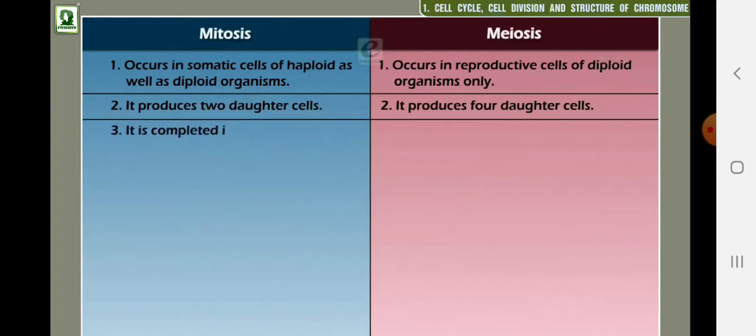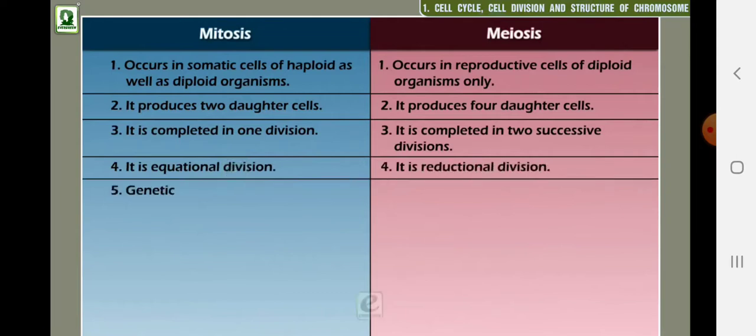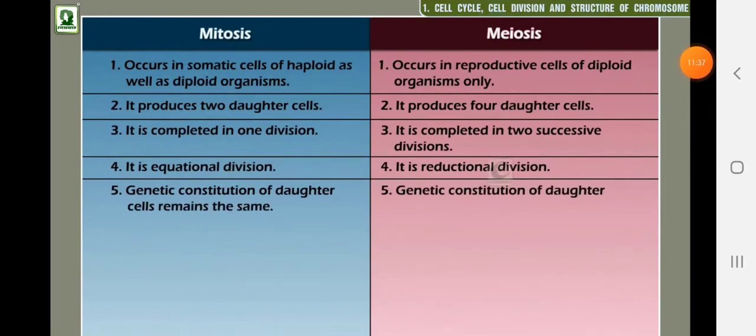Mitosis is completed in one division, whereas meiosis is completed in 2 successive divisions. Mitosis is equational division, whereas meiosis is reductional division. Genetic constitution of daughter cells remains the same in mitosis, whereas it becomes different in meiosis.